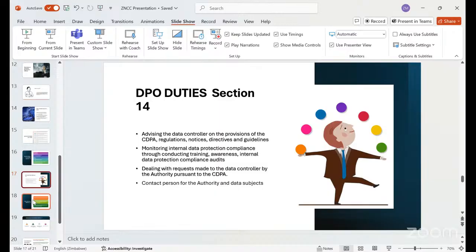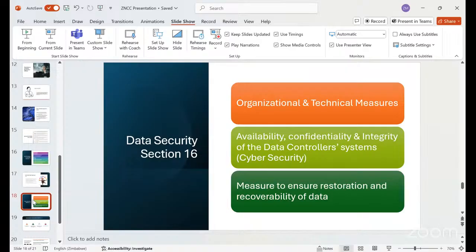And the data protection officer is the DPO. In terms of Section 16 of the regulations, as controllers, you are obliged to make sure that you have got organizational and technical measures to secure data. You need to make sure that your systems have got proper cybersecurity mechanisms in place to ensure availability, confidentiality, and integrity of those systems.